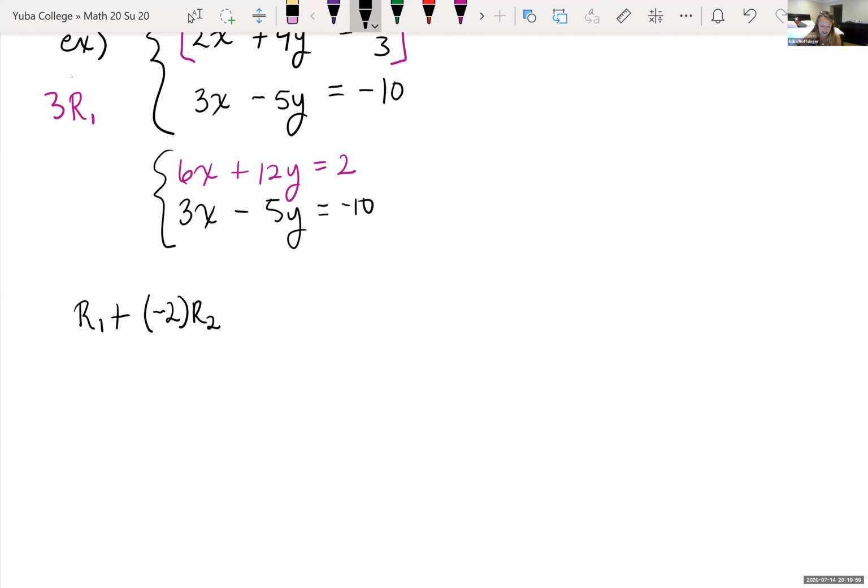Okay, so doing that, if I rewrote this, I have 6x plus 12y equals 2. Multiplying everything in that second equation by negative 2, I get negative 6x, negative 2 times negative 5, that's plus 10y, equals positive 20.